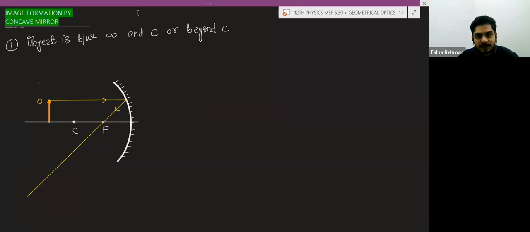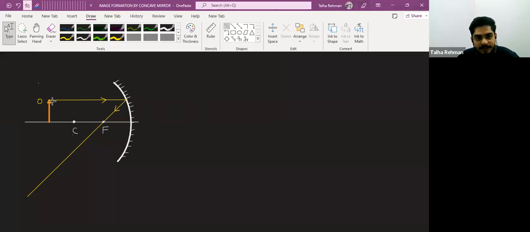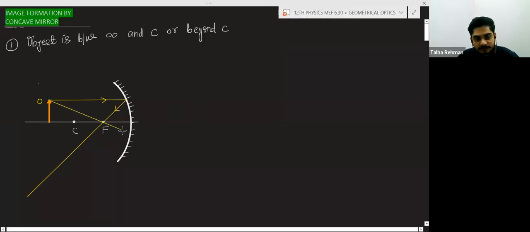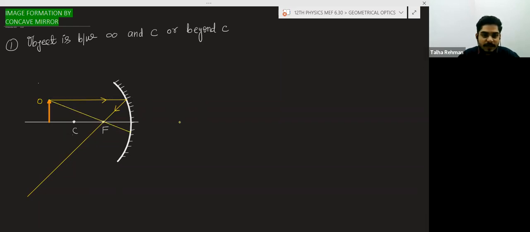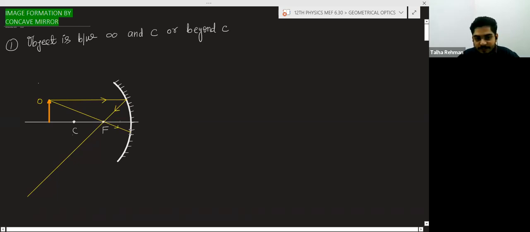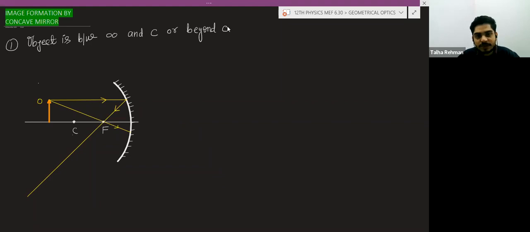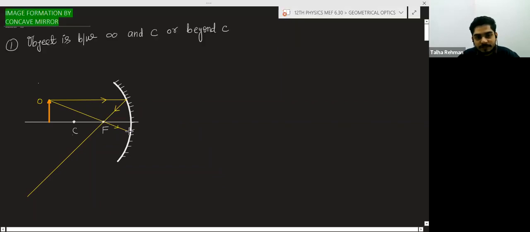The second ray I am drawing passes through the focus, and after reflection from the mirror, it will become parallel to the principal axis.